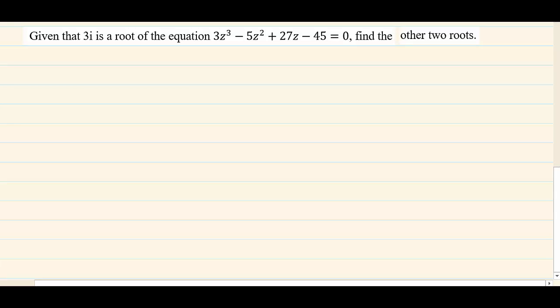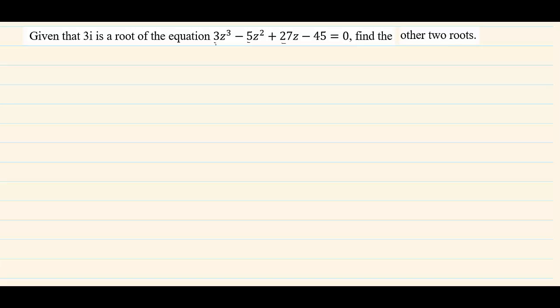We know that if all the coefficients in an equation like this that involves complex solutions are real constants, then the solutions are going to occur as conjugate pairs.